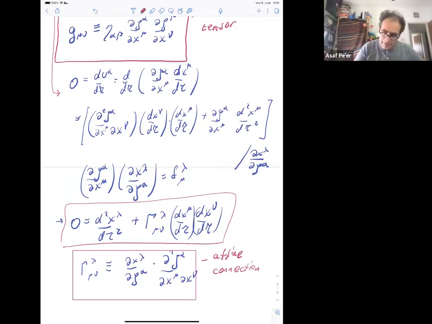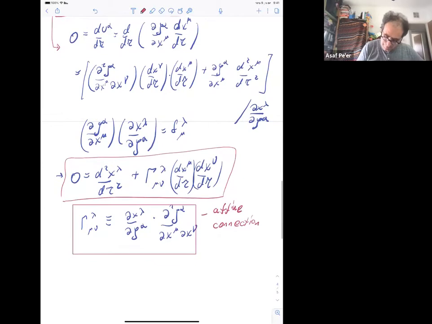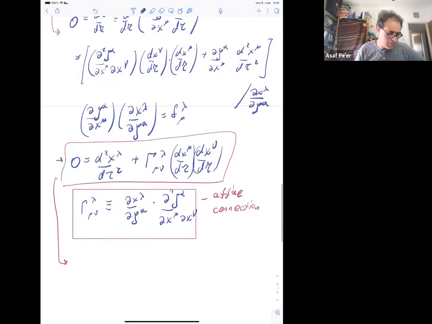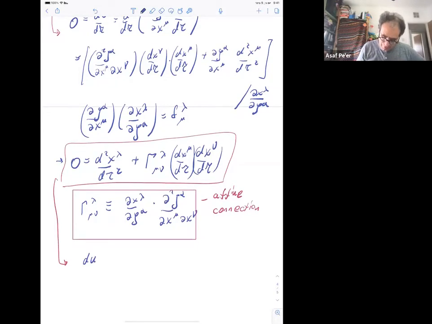And I can simply write it by shifting this term to the other side. And then dx/dτ is just the component of the velocity. So this is written as du^λ/dτ = −Γ^λ_μν u^μ u^ν.